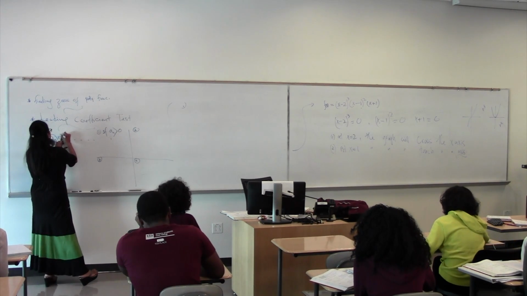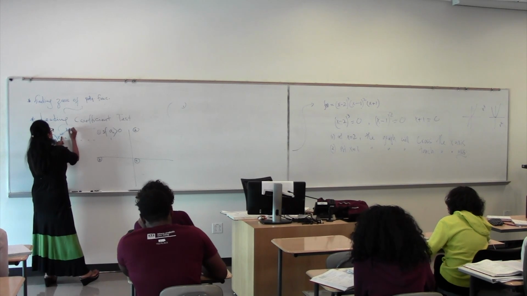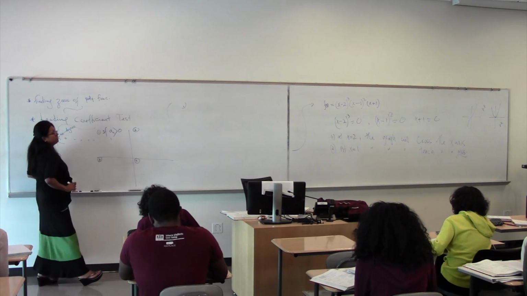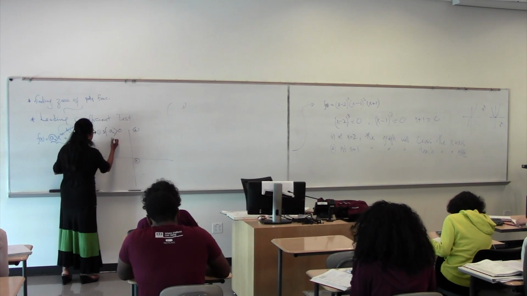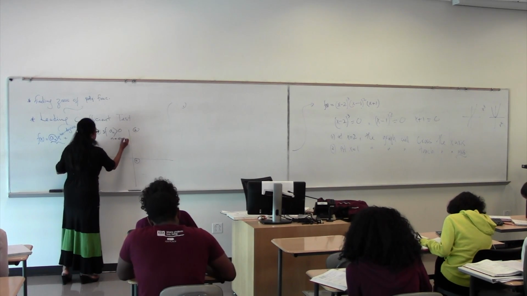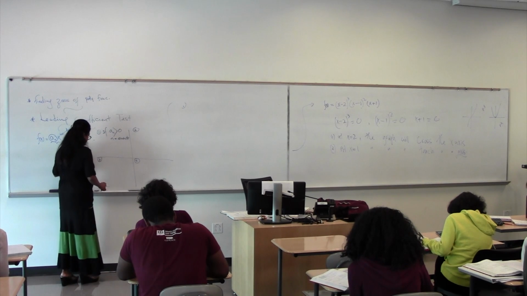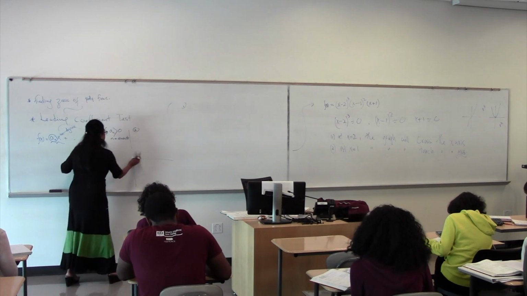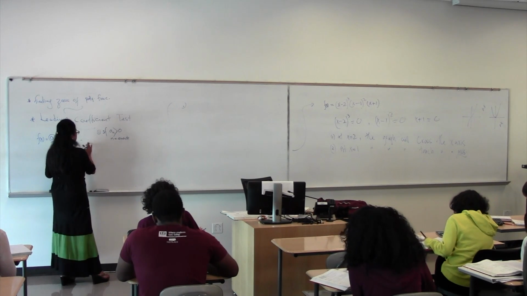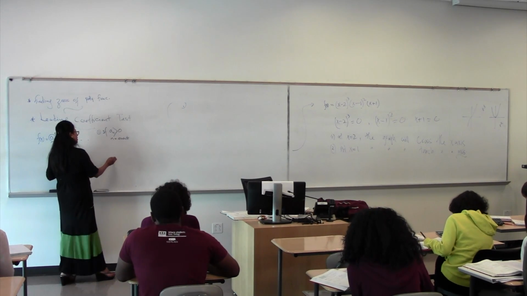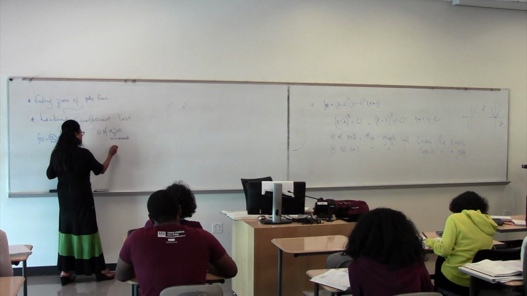This is the degree. Remember we talked about this? And n is an even number. In this case, let me do it separately. If this is the case, the graph is what?